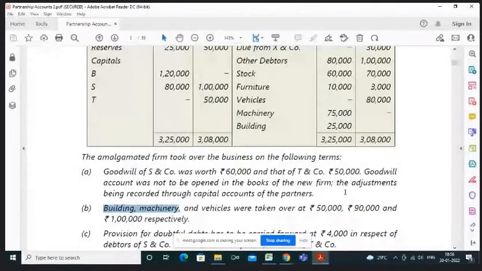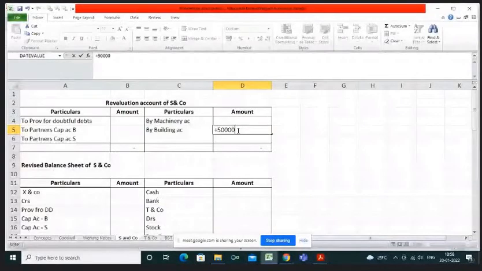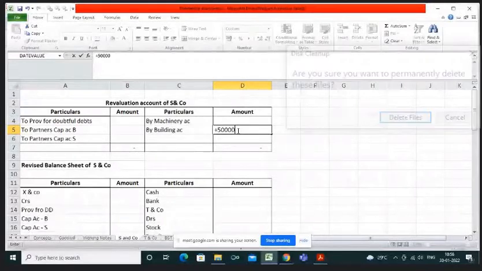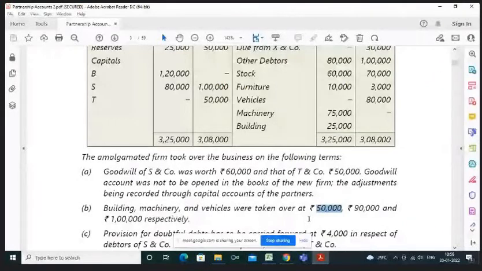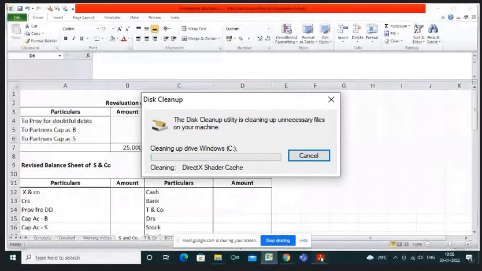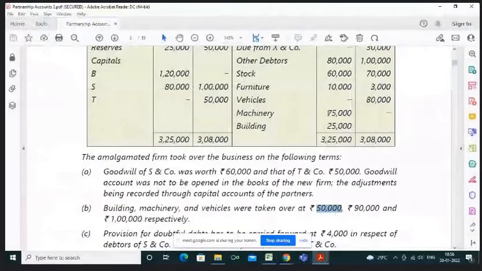First, S&Co has some machinery and building. Building: 50,000 is the agreed value, 25,000 is my cost price. So there is an increase of 25,000 in terms of building.